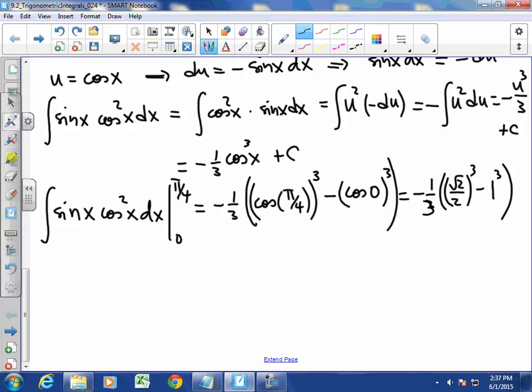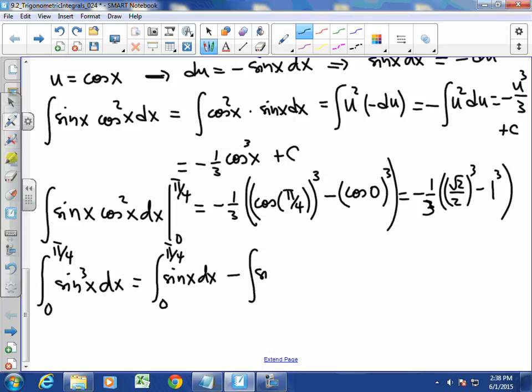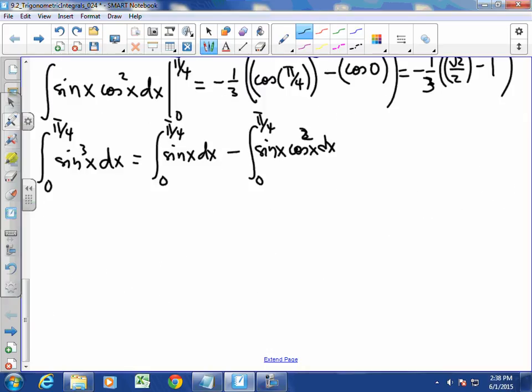So in the end, the integral from 0 to pi over 4 of sine cubed x dx is equal to the integral of sine x from 0 to pi over 4, minus the integral of sine x cosine squared x from 0 to pi over 4, as we found up there.